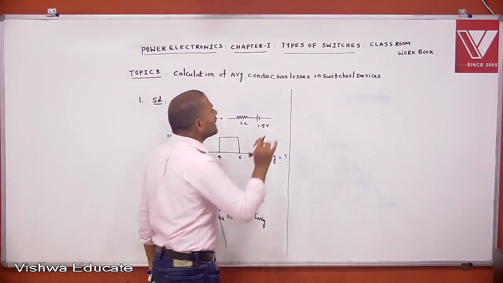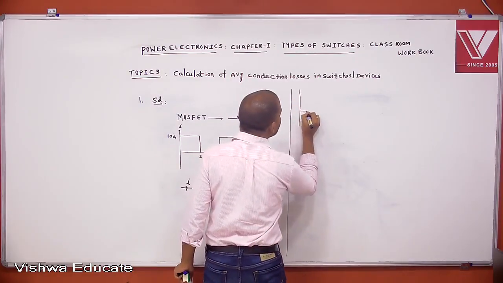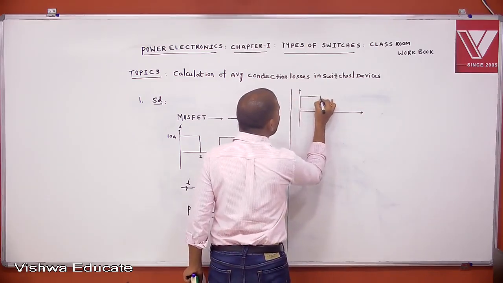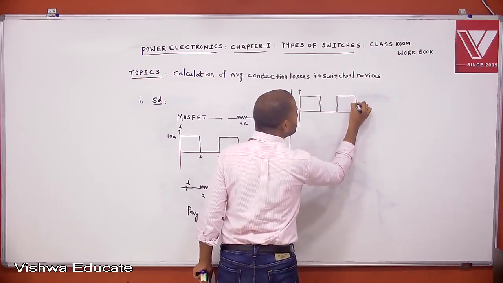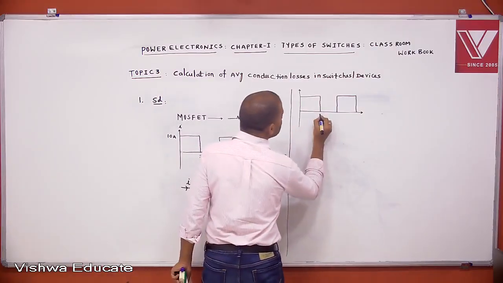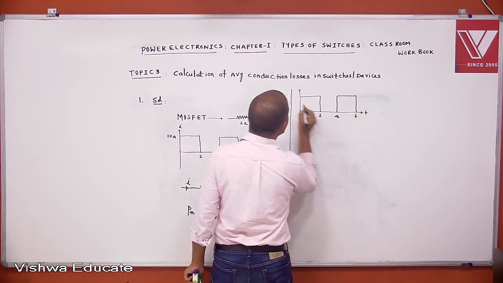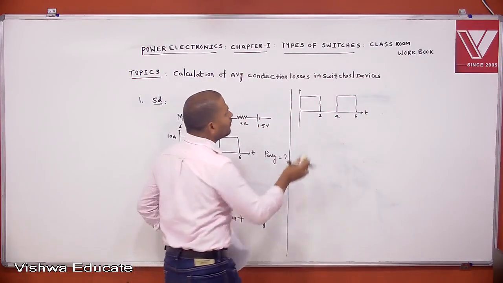But the waveform is given like this, it is a pulse waveform, with 2, 4, 6 and so on in seconds. First, I want to give one standard formula.